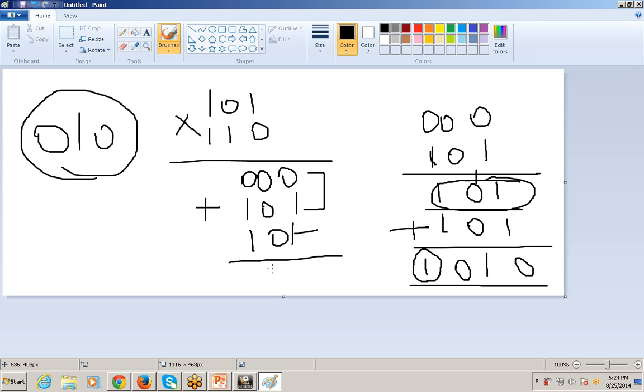First of all use a grouping of 2 only, that is 000 added to 101. So the output is 101. That output is added to another group of bits, that is 101. So the output is 1010. As I have to use 3 bits only, I have to discard the leftmost bit, that is 1. So the output is 010. This is how we can multiply unsigned numbers.